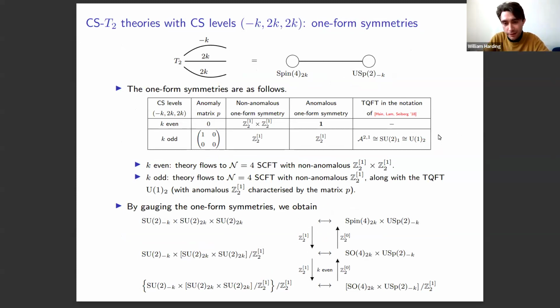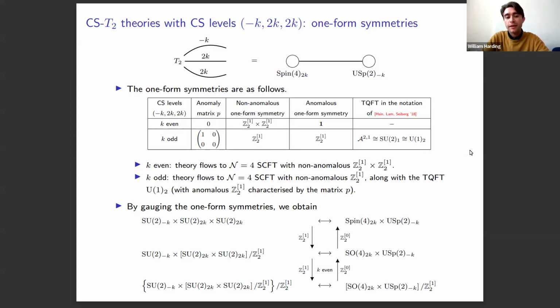Now, by using the prescription I described in the previous slide, the anomaly matrix for k even is trivial, meaning that the Z2 times Z2 one-form symmetry is non-anomalous. On the other hand, for k odd, the anomaly matrix is non-trivial. And using the prescription I described, you can show that the non-anomalous one-form symmetry is Z2, and the anomalous one-form symmetry is Z2.